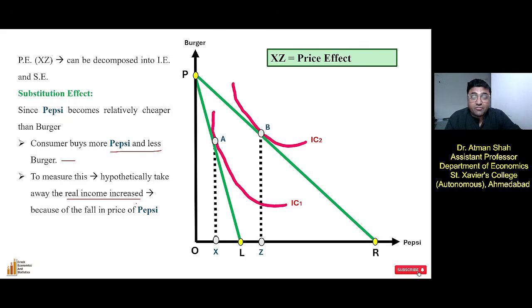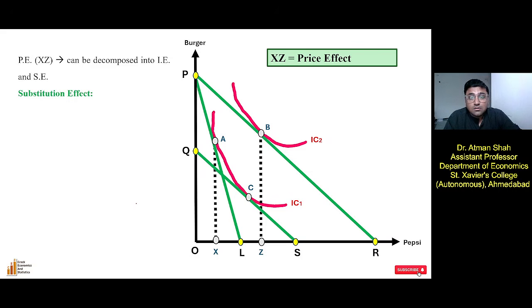So if we take this income hypothetically from the consumer, the entire price line, or entire budget line, shifts to the left. So we have a new price line parallel to PR, and that is QS. You can see in the diagram, the new price line which is parallel to PR is QS.